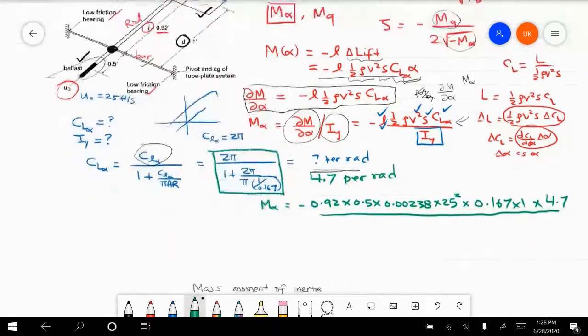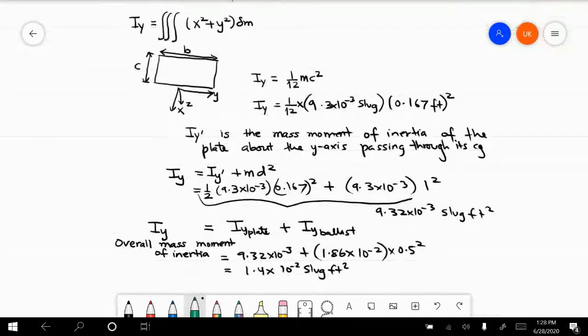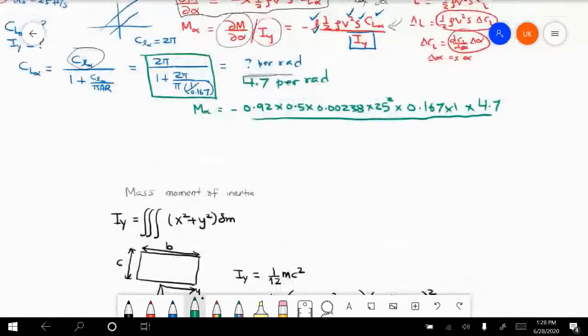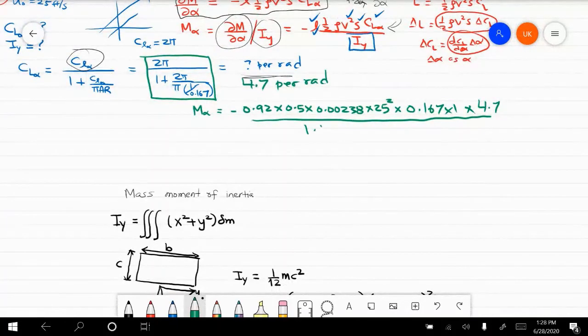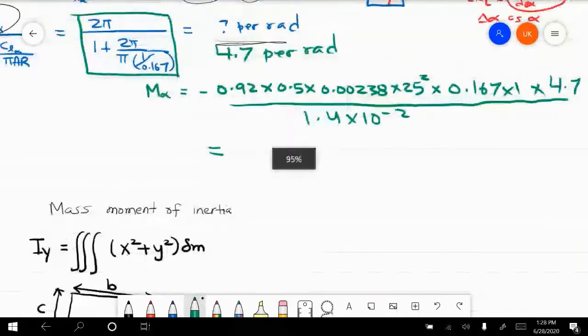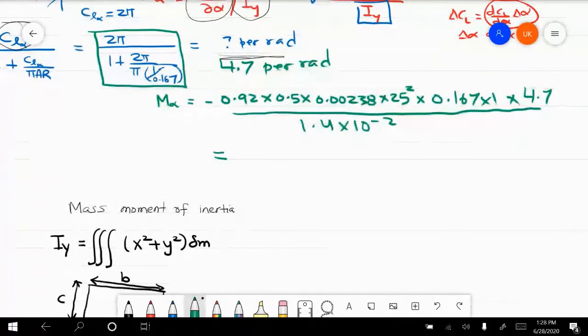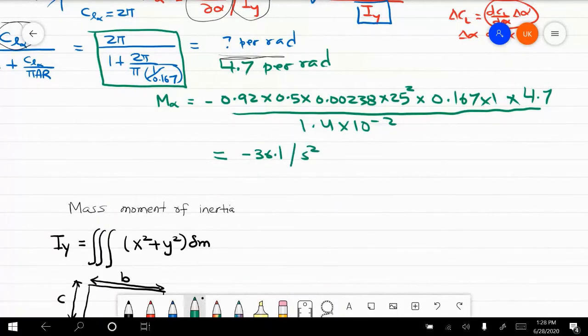We just wrote the value of Iy, so 1.4 times 10 to the power negative 2. So you will get m alpha. Again, you can do the substitution, do the calculations, and according to the reference I have, this m alpha is minus 36.1 per second square. So this is now sufficient for us to calculate the natural frequency.